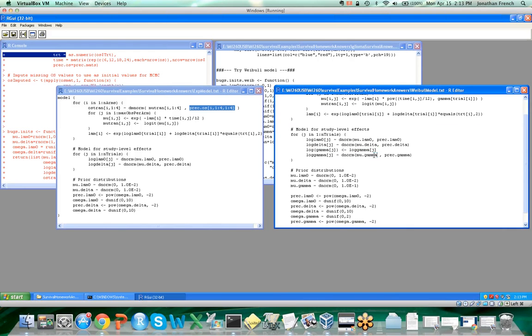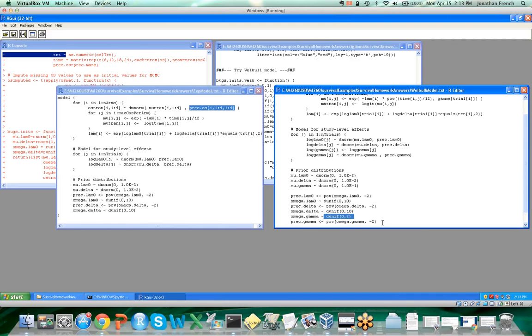And the overall mean gamma value is mu dot gamma, which perhaps should be mu dot log gamma. And the between study precision of those log gammas is prec dot gamma. And then I put a uniform prior on the between study standard deviation, which I've labeled here as omega dot gamma. And that uniform prior goes from 0 to 2.